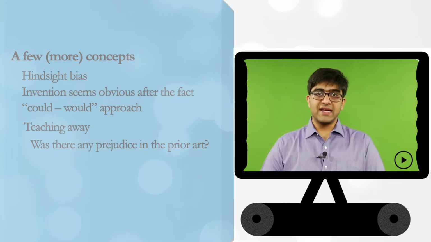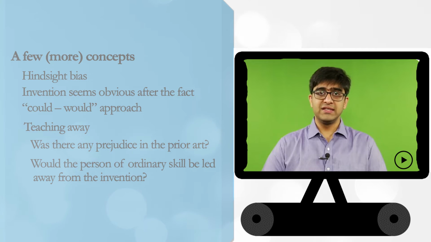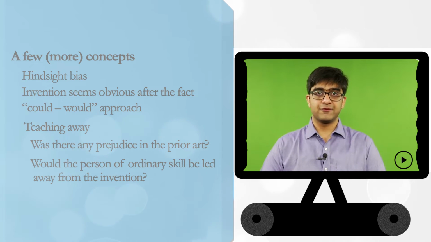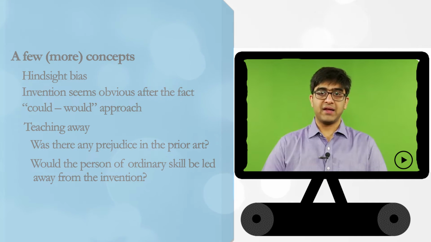This would not incentivize a person skilled in the art who is working on the same problem to try out that solution. Patent law rewards such people who, despite such prejudices, try out these solutions and make them successful. This concept is called teaching away, that is, where a prior art taught away from a particular solution and the patentee tried it successfully, then that particular solution should be patented.